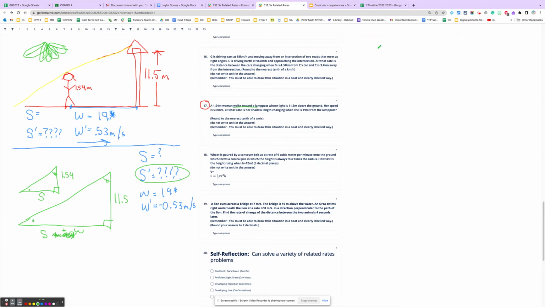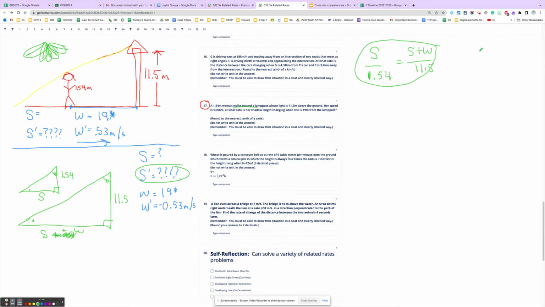I'm going to go S over 1.54 has to be the same as S plus W over 11.5. And then we have to say, hey, is this what similar triangles say? Like these have to be proportional, right? Like the height to the base has to be the same as the height to the base.